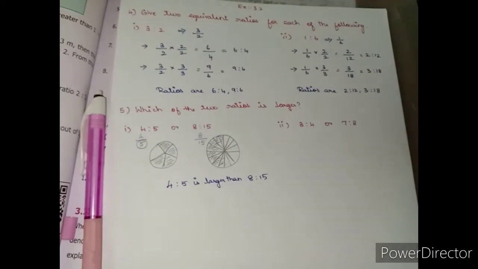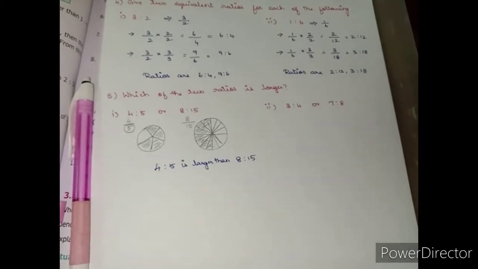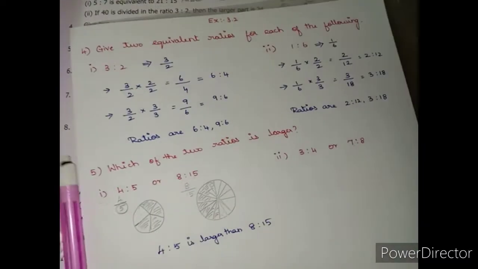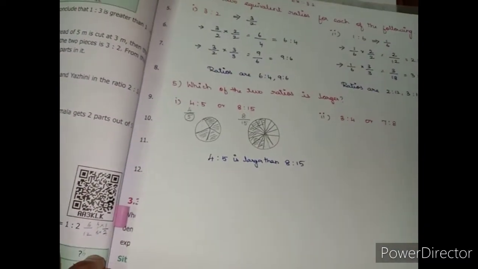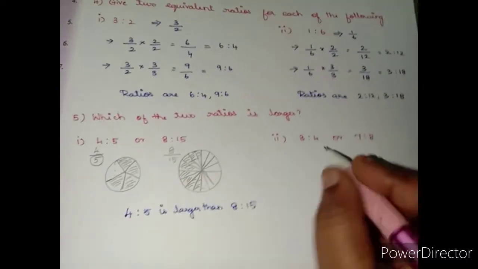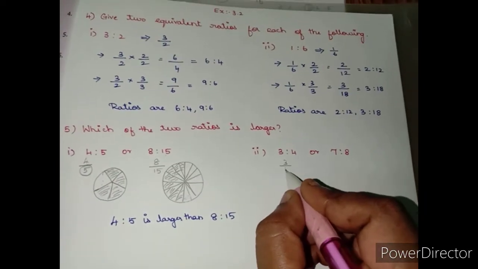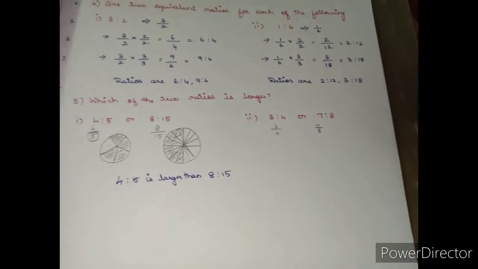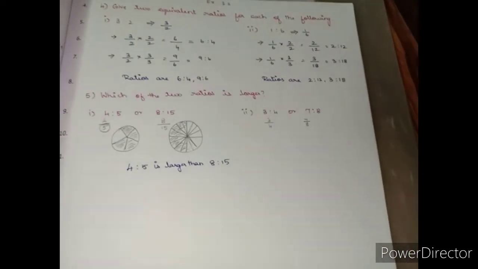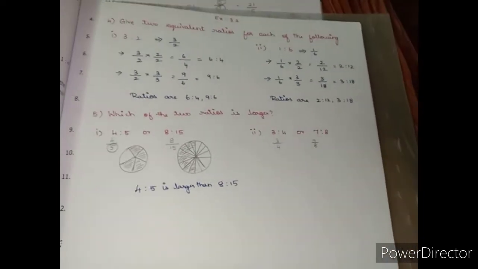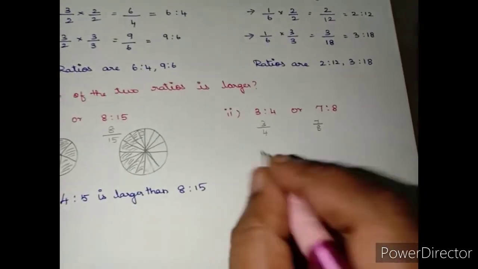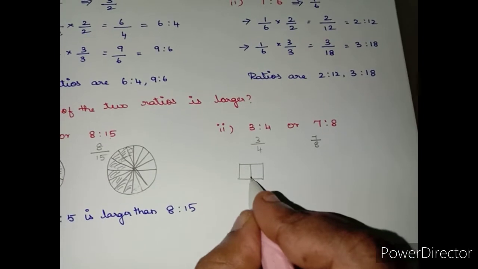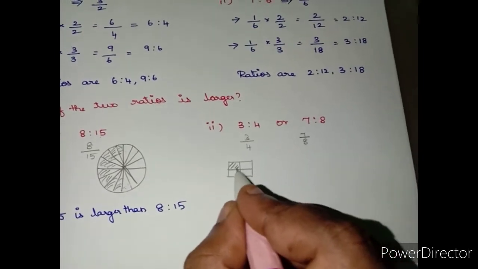We'll check out the next sum also. See, 3 is to 4 and 7 is to 8. What is the first step we should do? Converting into fraction. 3 by 4, 7 by 8. So, here also we'll go with a square. 4 parts, 3 shaded.